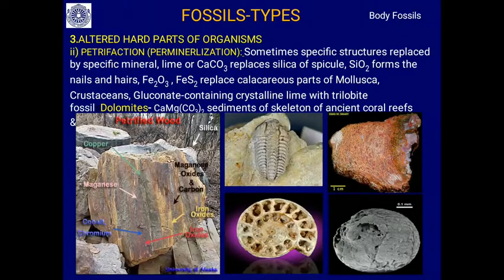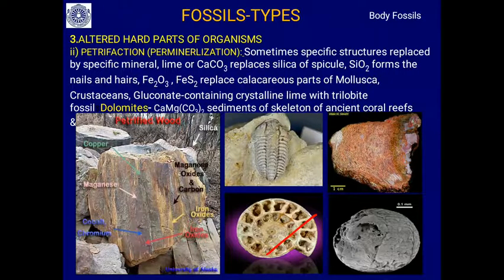So, petrifaction or permineralization, sometimes specific structures are replaced by specific minerals. Lime or calcium carbonate replaces the silica of spicules, or else you will find fossilized nautilus.